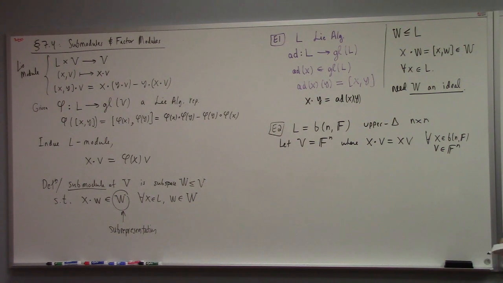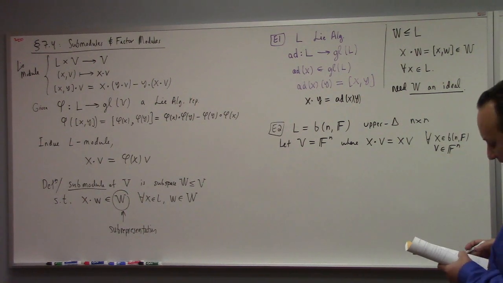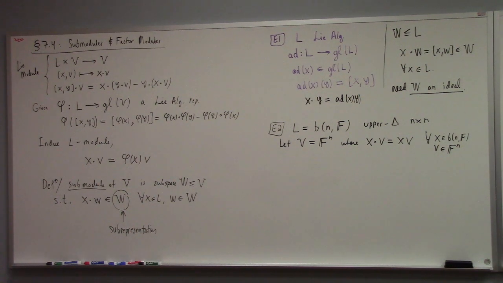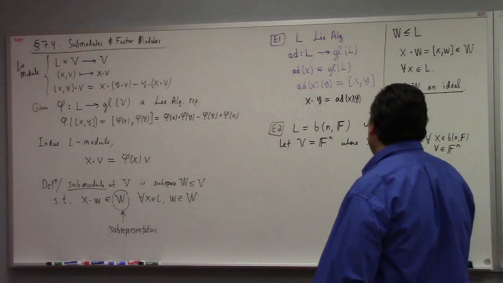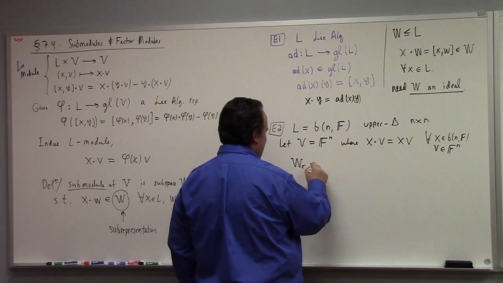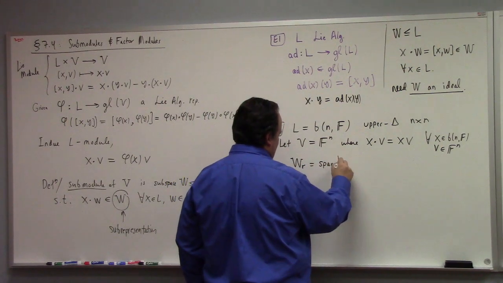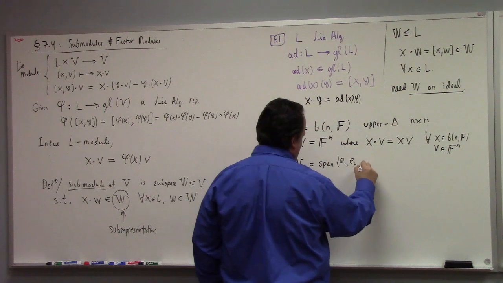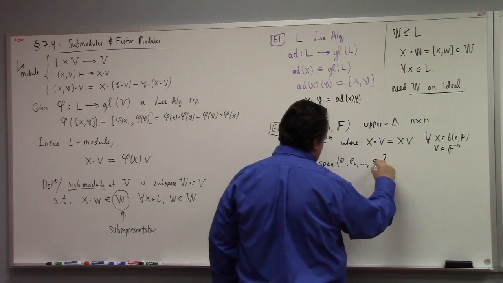Okay, he says take the standard basis of F^n and, okay, so every example in this section is an advertisement for doing a homework problem. He says form W_r equal to the span of e_1, e_2, ..., e_r.